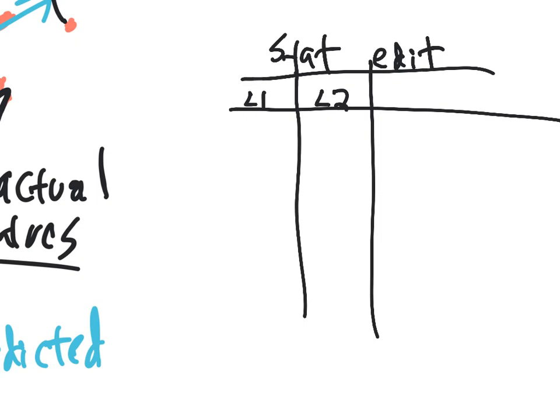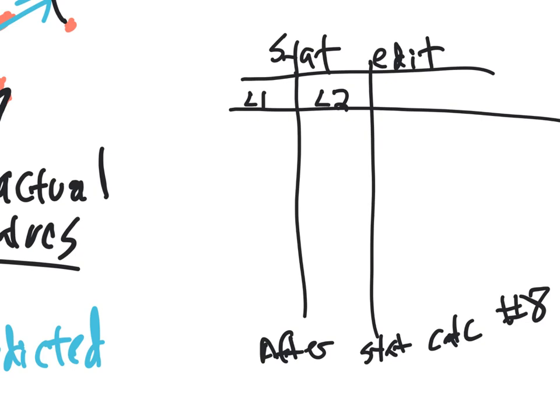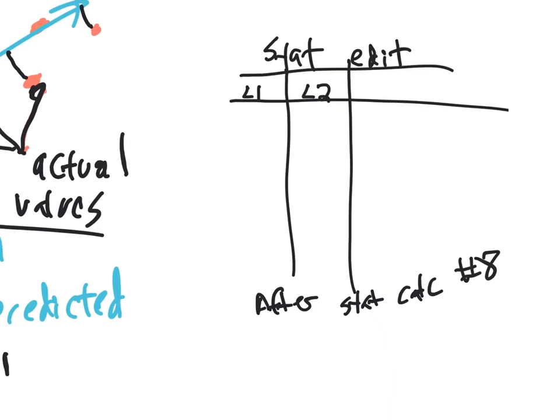After you run stat calc number 8 and you create your y equals a plus bx, once you've done that, inside the calculator there are stored residuals for each of the actual values.